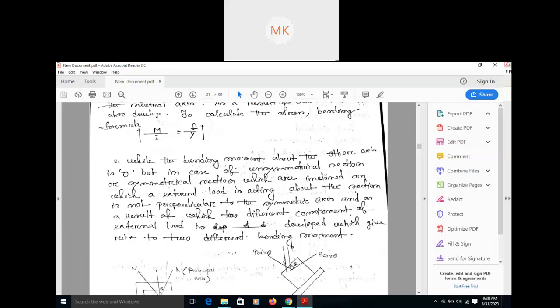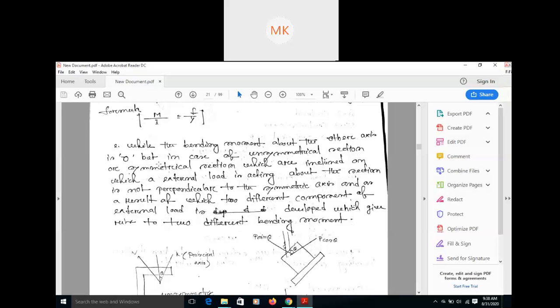Our second point is that the bending moment about the other axis is zero in the symmetrical case, but in case of an unsymmetrical section, or a symmetrical section which is inclined, the external load acting on the section is not perpendicular to the symmetrical axis, and as a result two different components of the external load are developed, which give rise to two different bending moments.